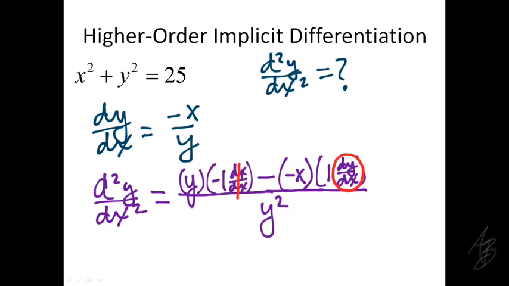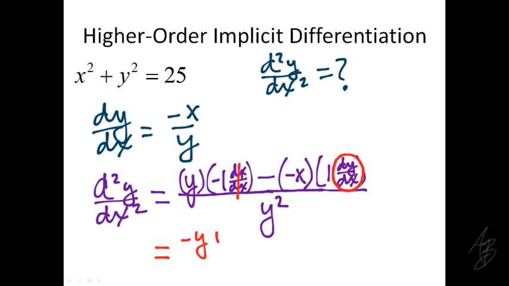So I'm going to do a couple of things here in this next step. I'm going to simplify. So negative 1 times y is going to be negative y. And we have the opposite of negative x is going to be positive x.